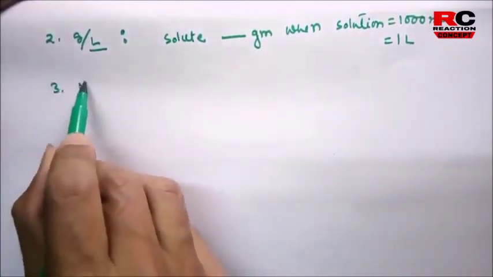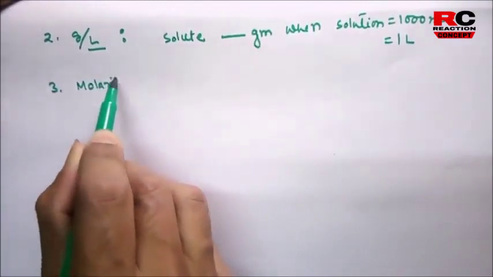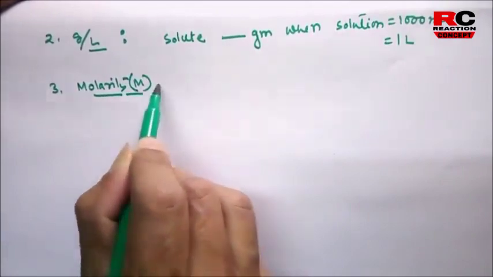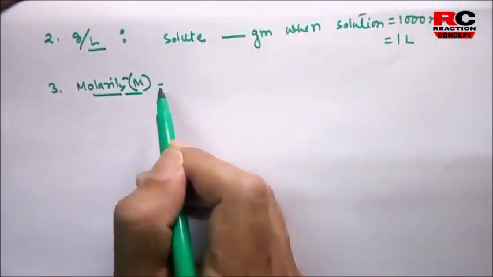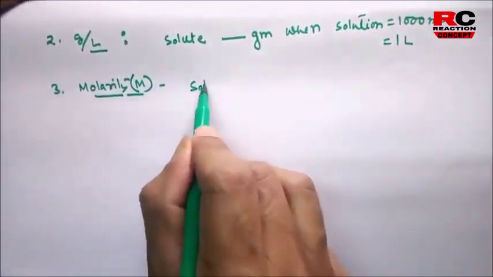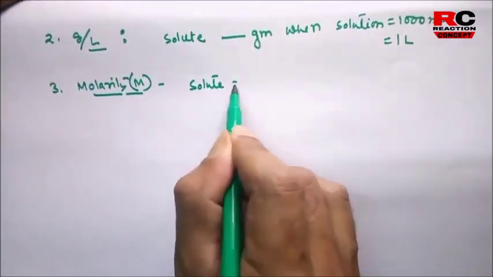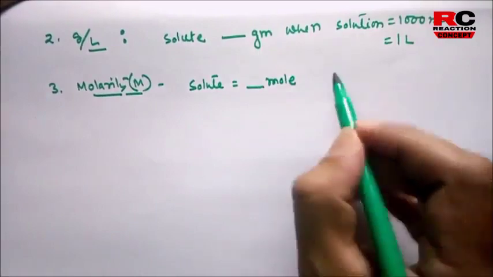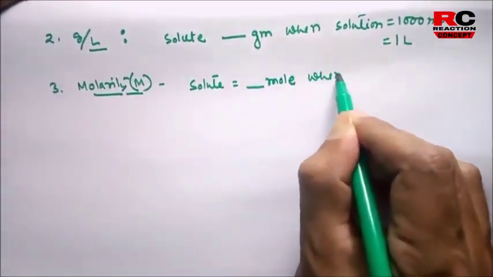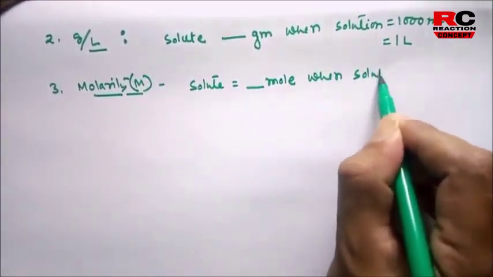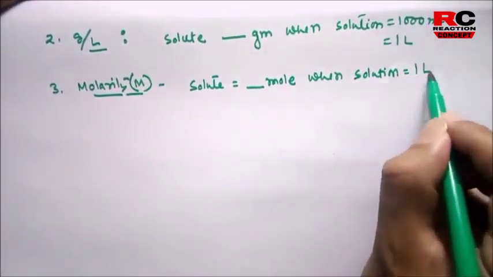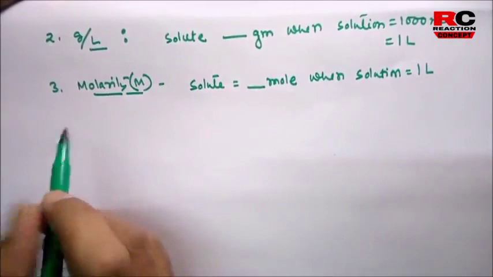Third one is molarity. It is denoted by capital M. So molarity is the amount of solute in terms of mole, that is number of moles, in a solution of volume 1 liter. That is known as molarity of the solution.